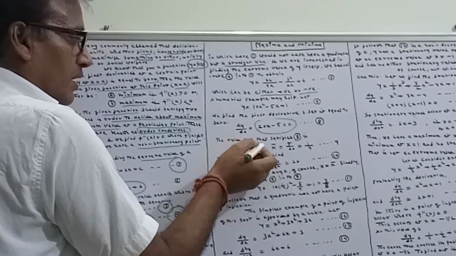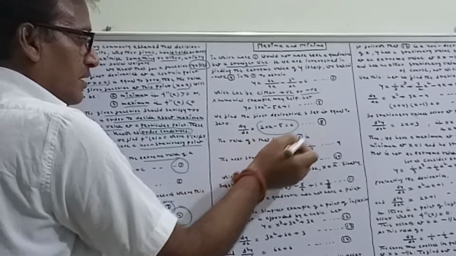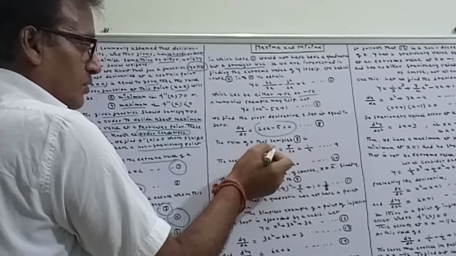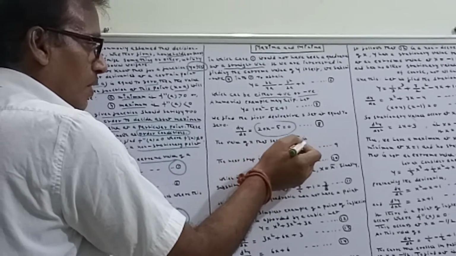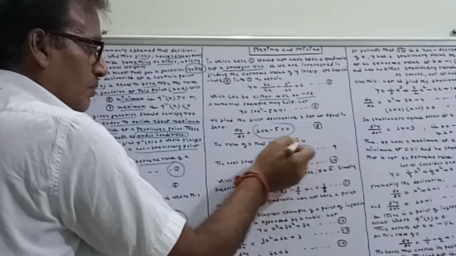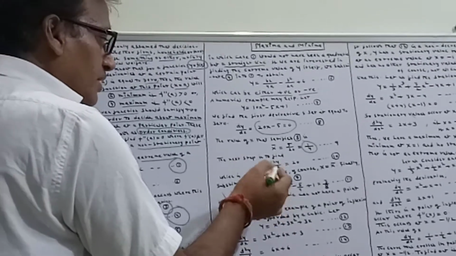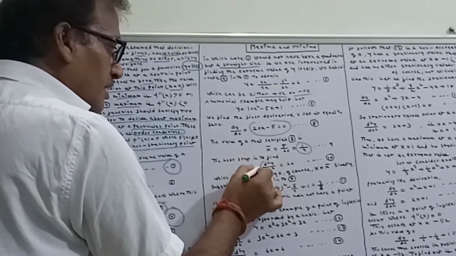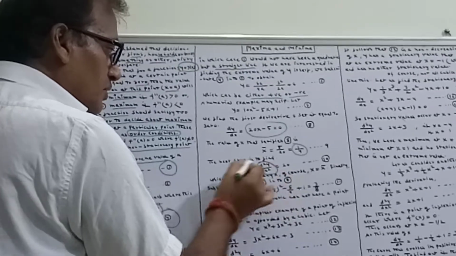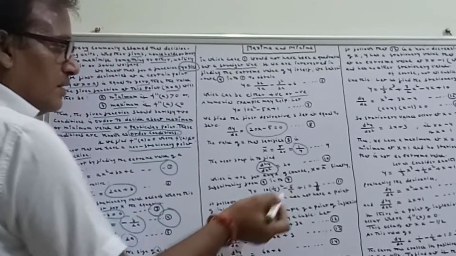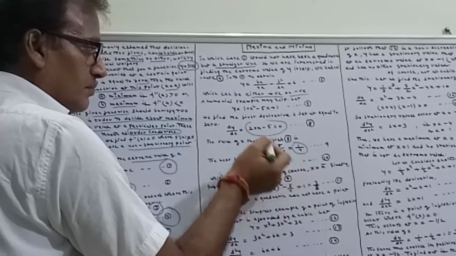The value of x that satisfies 8 is x constant equal to 1 by 4. And the next step is to find second derivative d square y by dx square, that is 20.